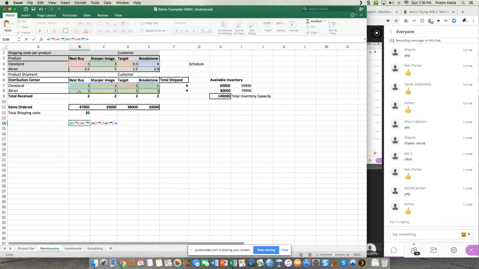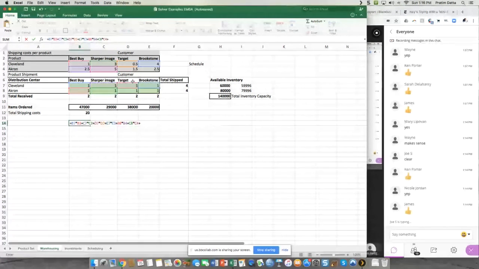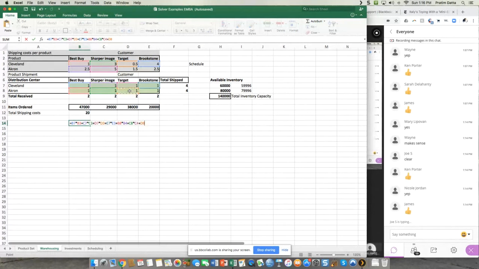Plus one item shipped from Akron warehouse to Best Buy, and it costs $2.50 to ship it. Plus one item shipped from the Akron warehouse to Sharper Image, and it costs $5. Plus one item shipped from the Akron warehouse to Target, and it costs $1.50. And finally, one item shipped from the Akron warehouse to Brookstone, and it costs $2.50.